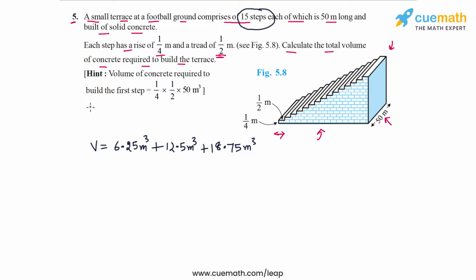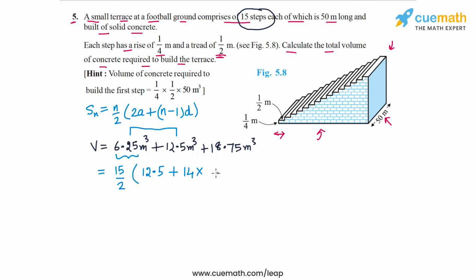So let's use the formula Sn equal to n by 2 times 2a plus n minus 1 times d to sum this arithmetic progression. So we have n is equal to 15. So 15 by 2 times 2a. a is 6.25, so 2a is 12.5, 2 times 6.25, plus n minus 1 into d. n is 15, so n minus 1 is 14, into d, which is also 6.25, the difference between any pair of consecutive terms.